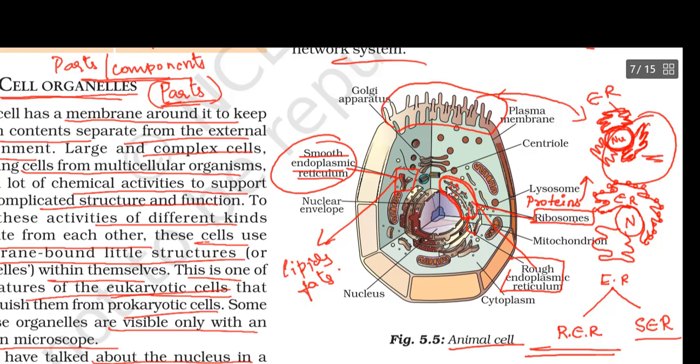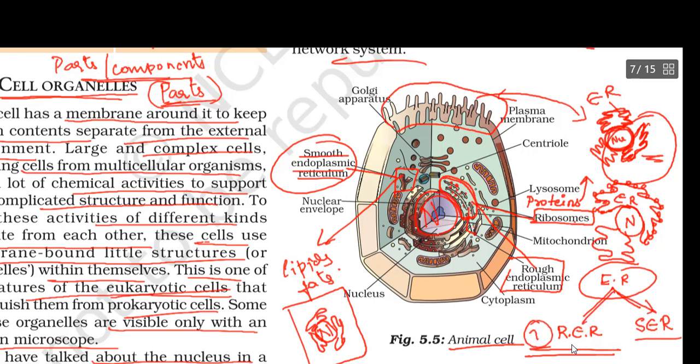So mainly you are going to remember here that this central part is nothing but the nucleus. Okay, so you are going to see in a cell, this is the cell, the nucleus will be there. Near the nucleus you are going to see the endoplasmic reticulum surrounding it, and in this endoplasmic reticulum you have two types.